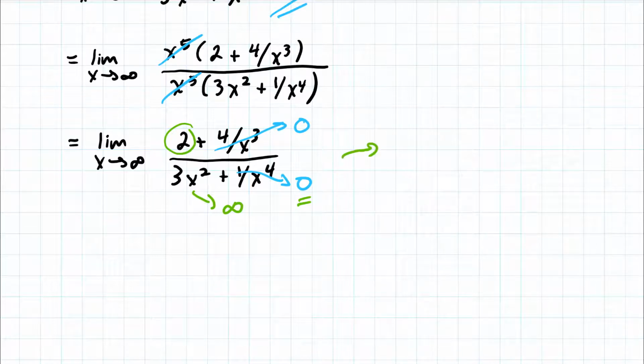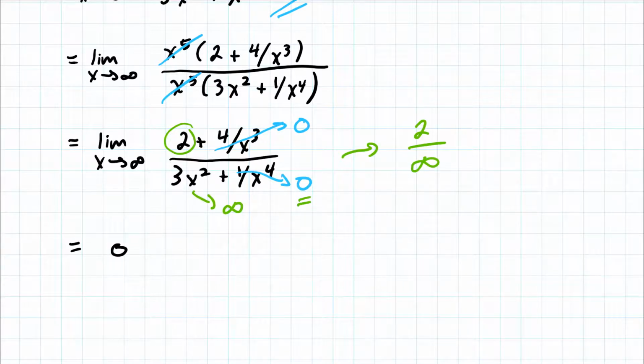So it looks like the top is trying to converge to 2, and the bottom is trying to zip off towards infinity. Well, if the bottom is heading towards infinity, 1 over that is getting really, really small. And if you multiply it by 2, it's still getting really, really small. So the answer will just be 0.